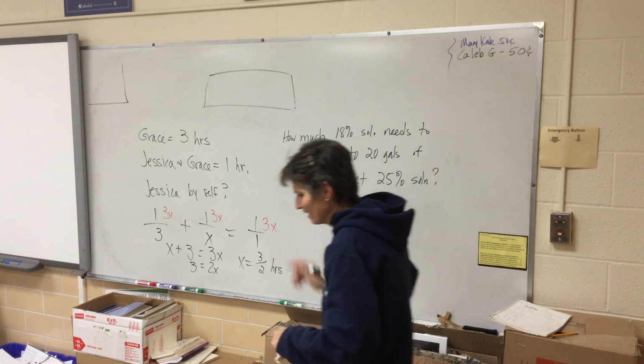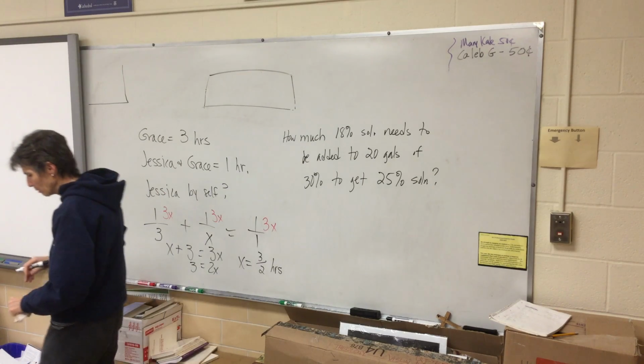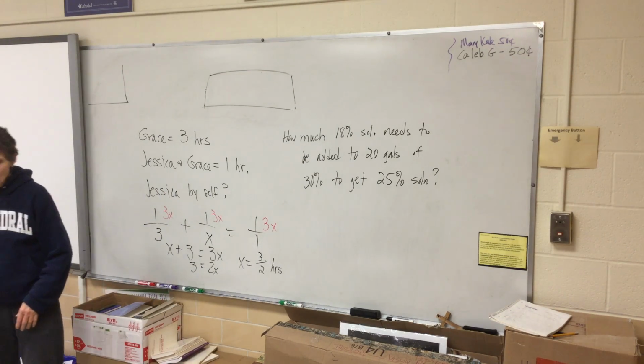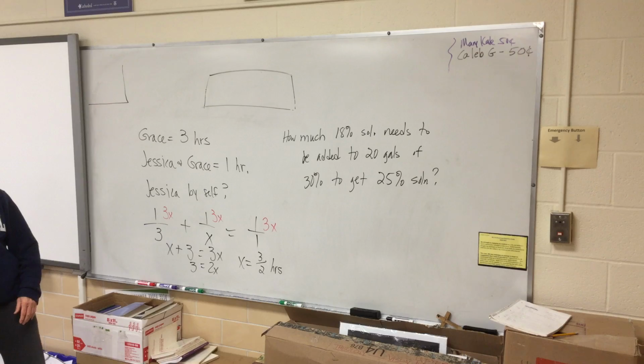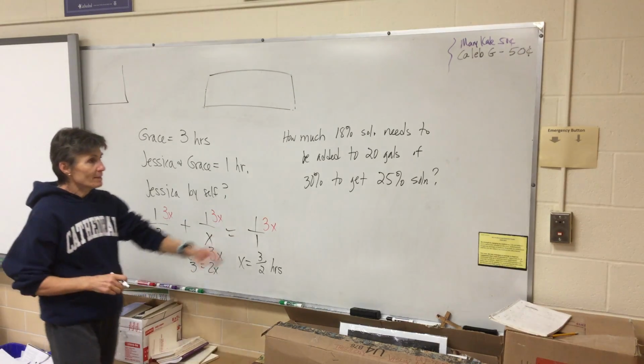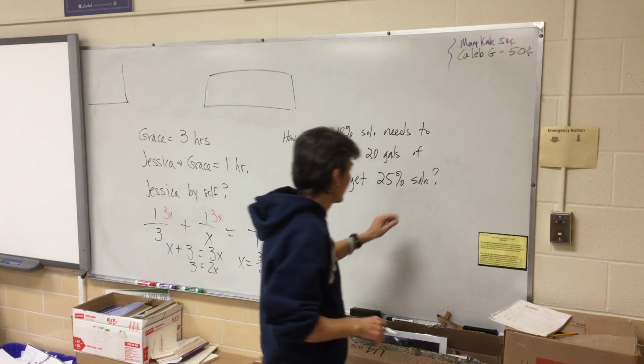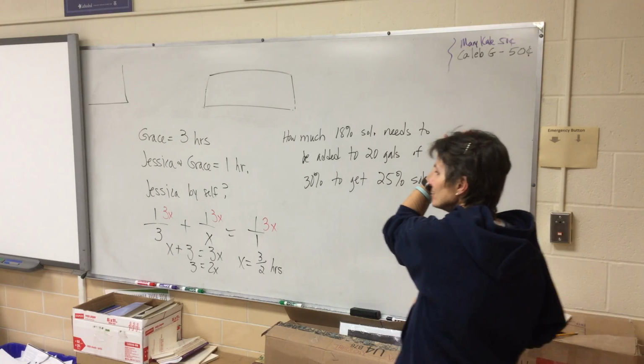Okay, so there's the skeleton of the problem. I know the grammar's not perfect, but we've done these before. You know what's going on. I'm going to mix some 18 and 30 together to end up with a 25.